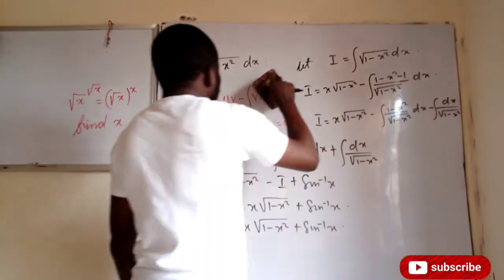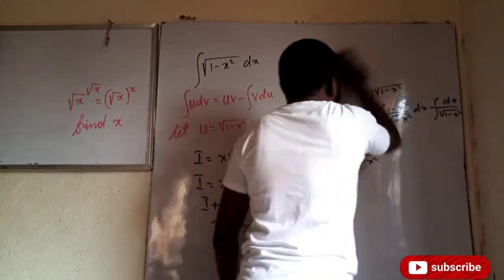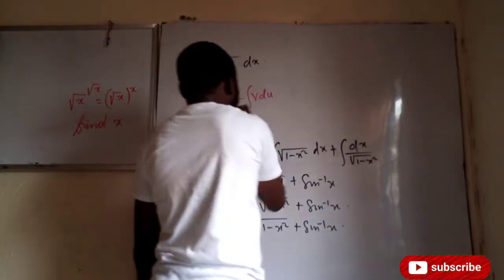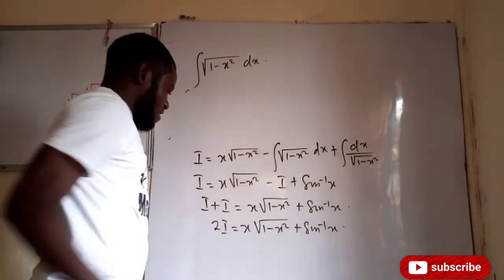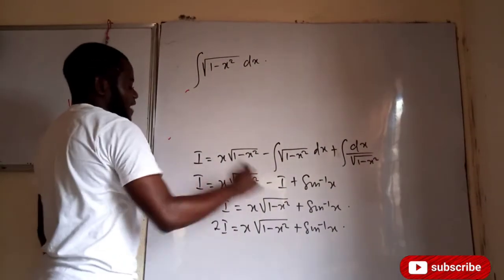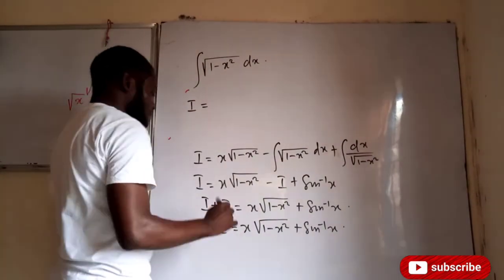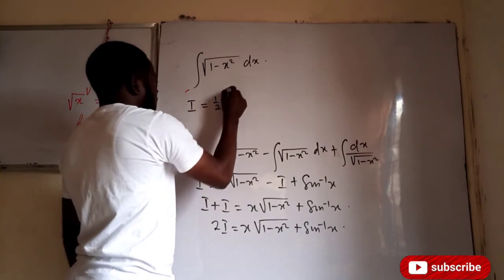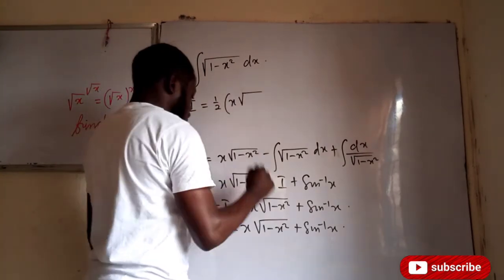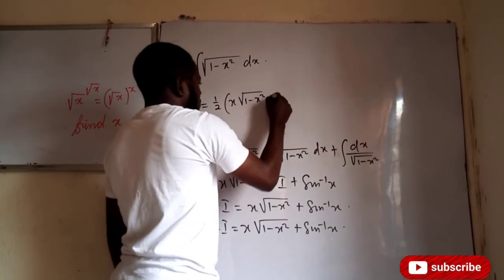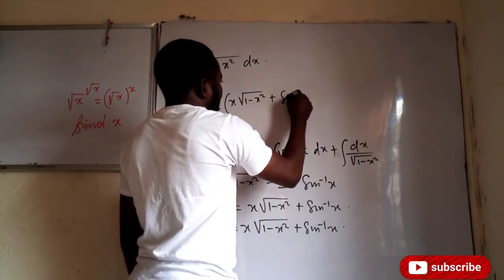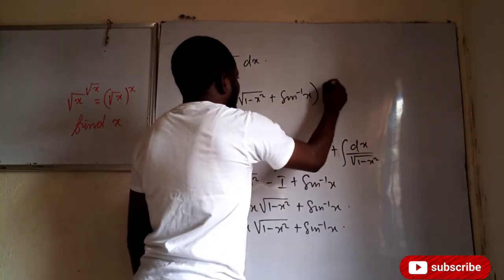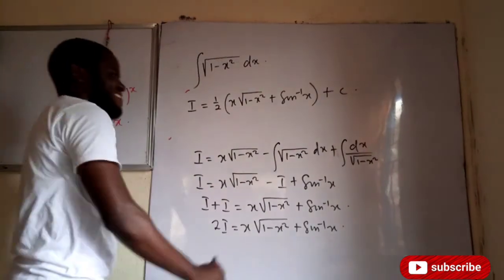Hence, let me clean this side like this and see what we are going to end up with. Okay, I will now divide both sides by 2. So I have my I equals 1 over 2 into x root 1 minus x squared plus the arc sine of x, then plus c, like that.